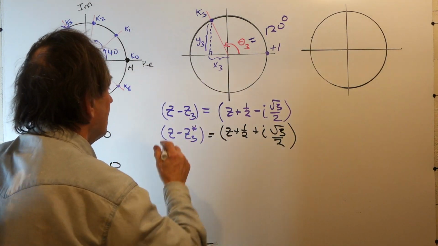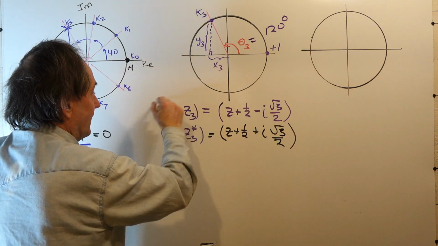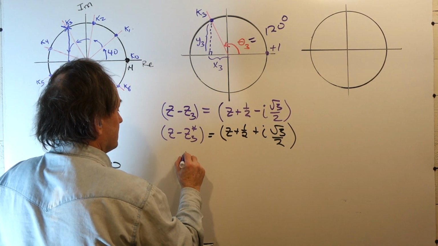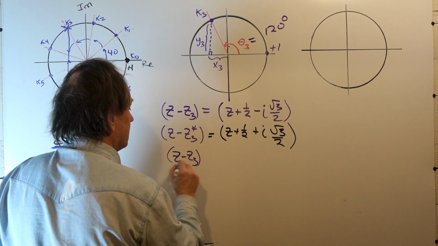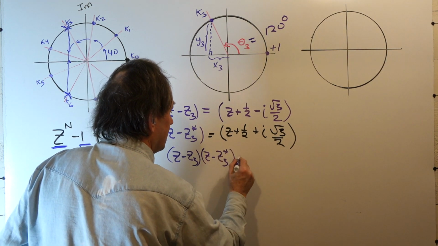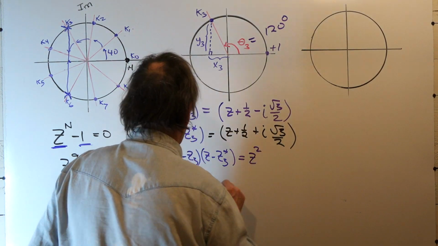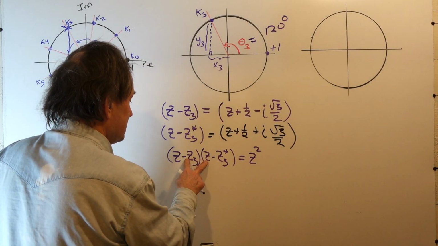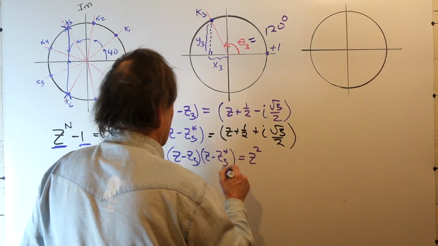Now, let's look at what happens when I multiply these two factors together. So I have z minus z3 times z minus z3 conjugate. Expanding this out, we have z times z, which is z squared. And then we have a minus z z3 and a minus z z3 conjugate.